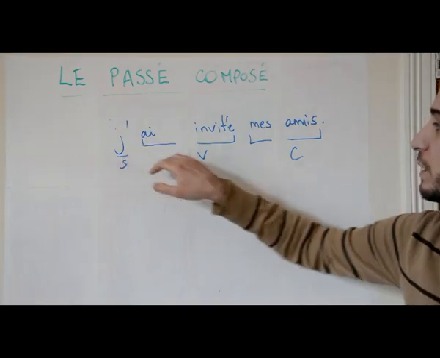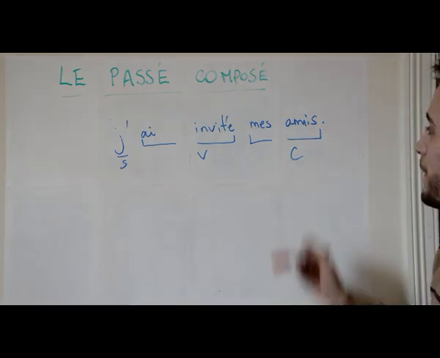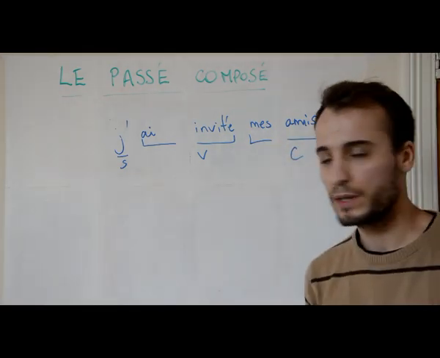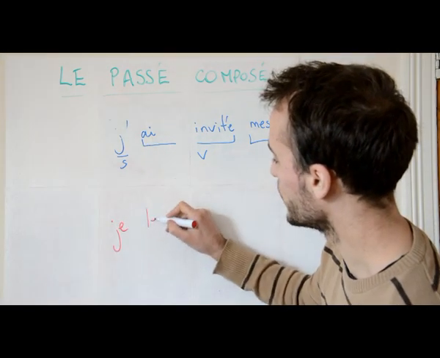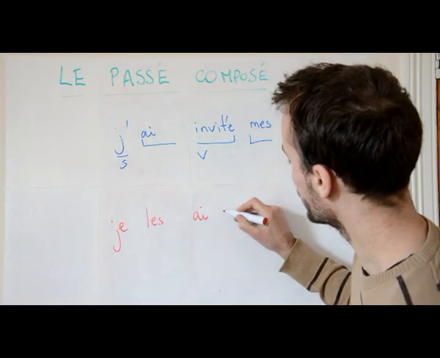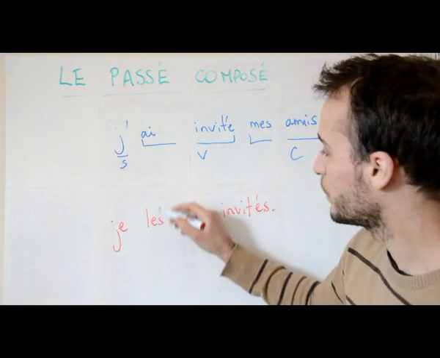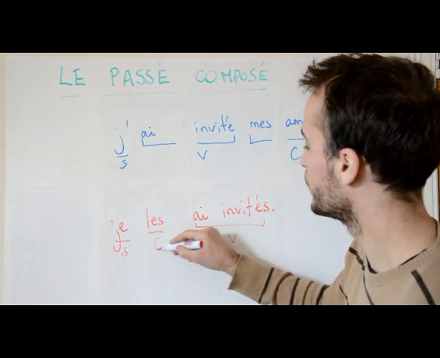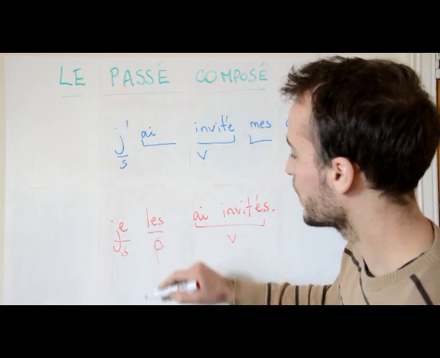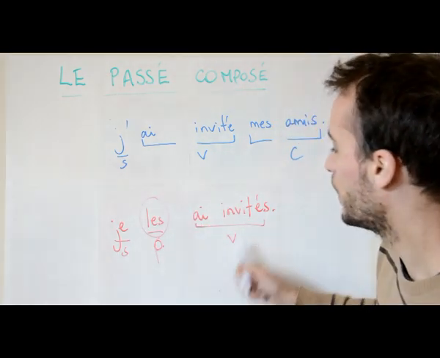Then if I substitute my complement with a pronoun, it goes before the verb, so it will have to be je les ai invités. That's my pronoun, and it goes before the verb.